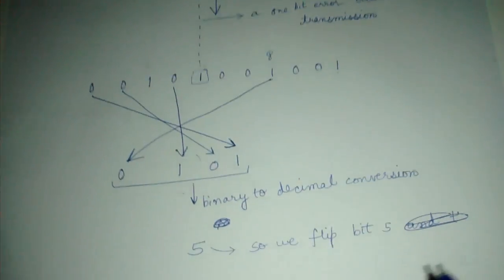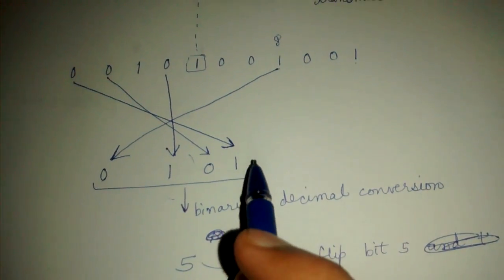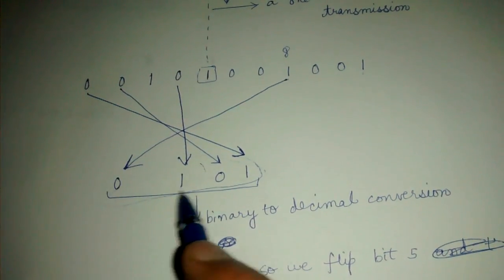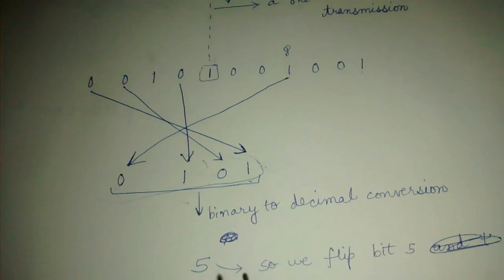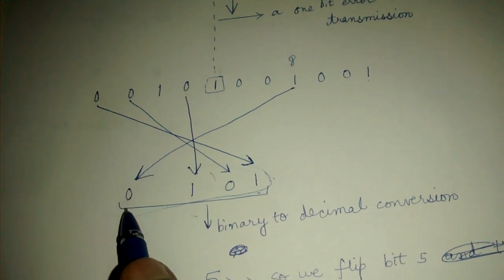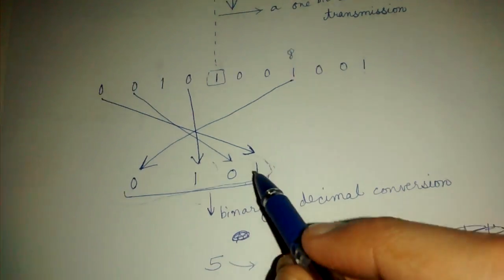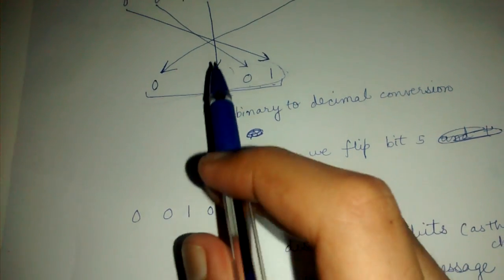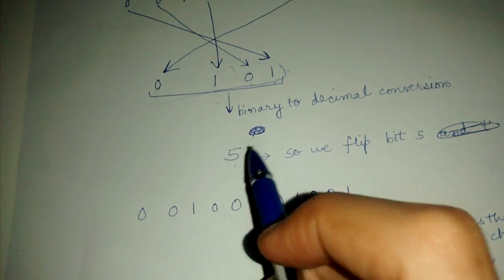So that's the final computation of parities. If all of them come as 0, that means we are good, we have received the exact message which was transmitted. But if some of them are 1, then we convert it into decimal. Converting into decimal gives us 5.